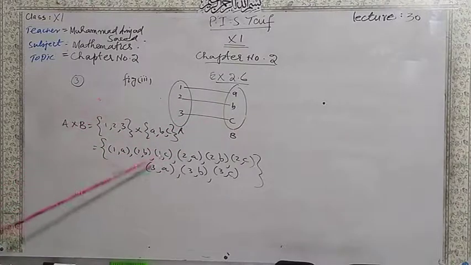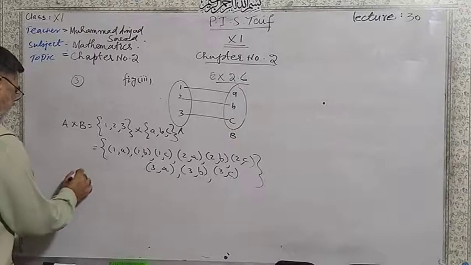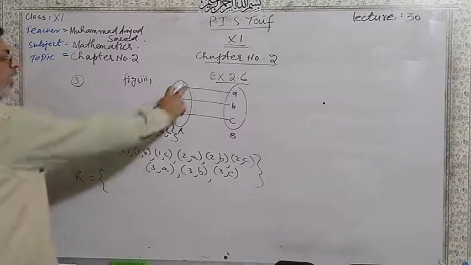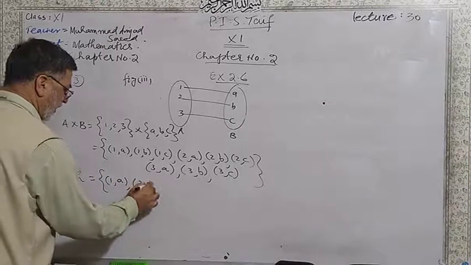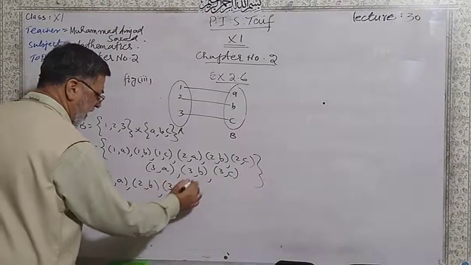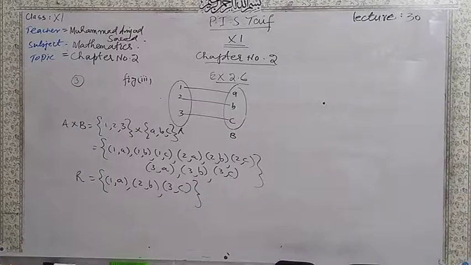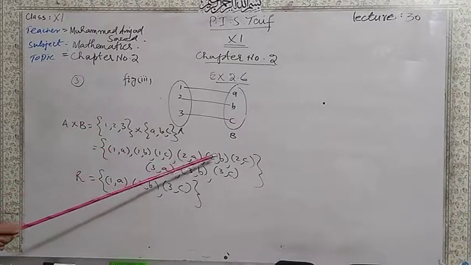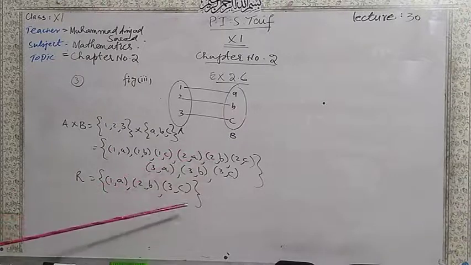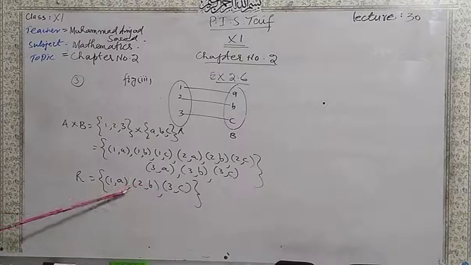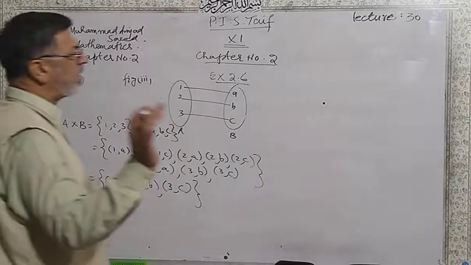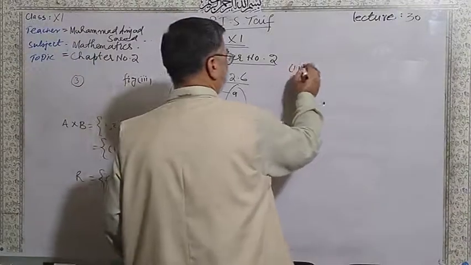Dear students, first of all, you name these figures as sets A and B. You found the Cartesian product. What is R given to you? Here is R. This is 1A, 2B, and 3C. You can check. 1A is present in A cross B. 2B is here in A cross B. 3C is here in A cross B. So these are the members present in A cross B. You can say number one condition is satisfied.